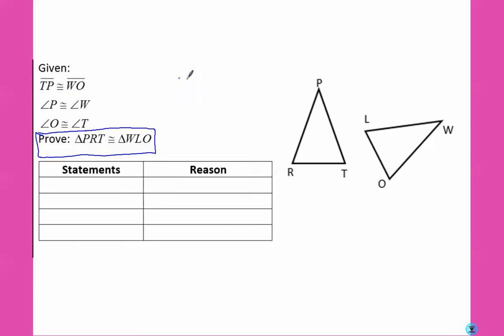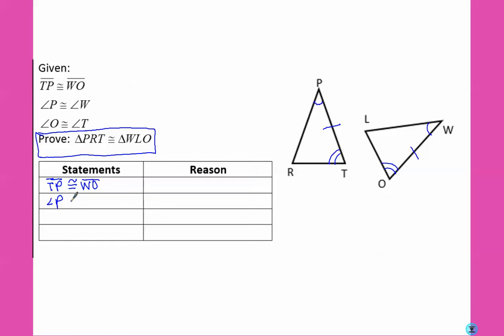TP is congruent to WO. Angle P is congruent to angle W. And angle O is congruent to angle T. So my given statements are going to be the first statements I use in my proof. TP is congruent to WO.